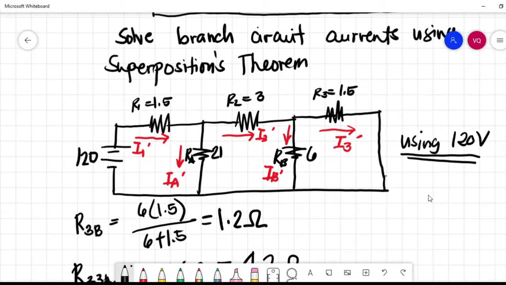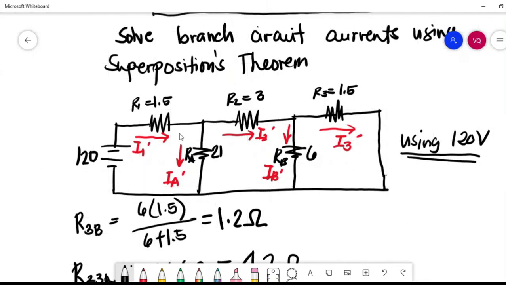Redrawing the circuit, we will solve the I1 prime, IA prime, I2 prime, IB prime, and I3 prime. You can solve those branch currents using Kirchhoff's or Maxwell or the series parallel method. I will use the series parallel method.